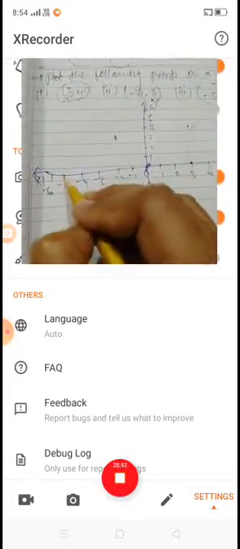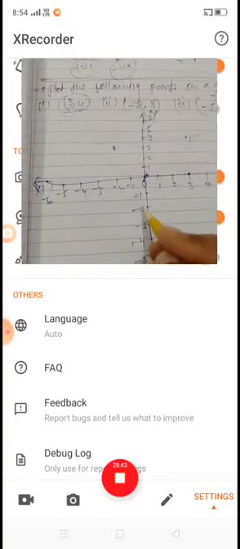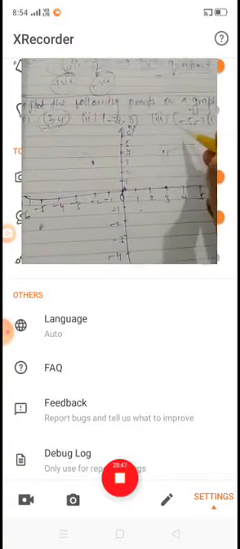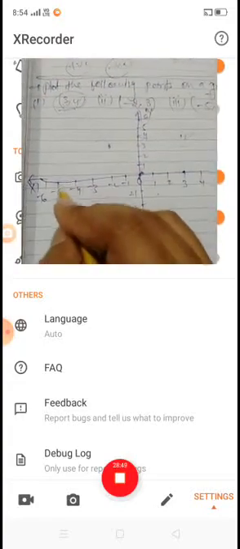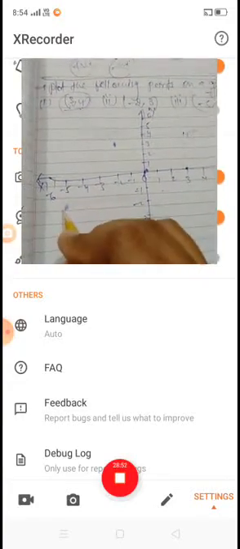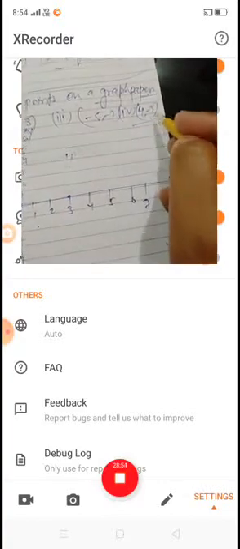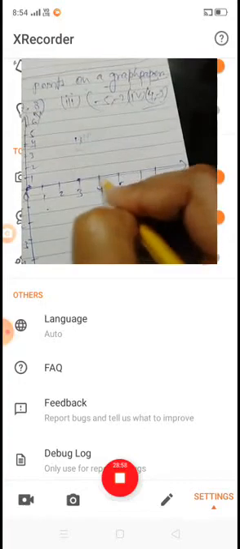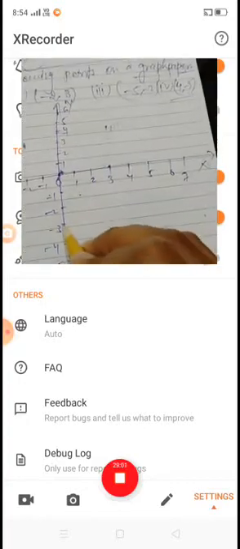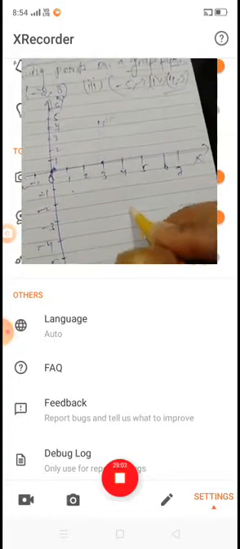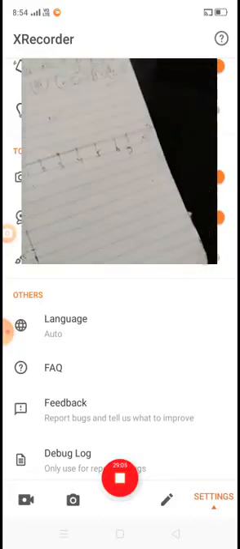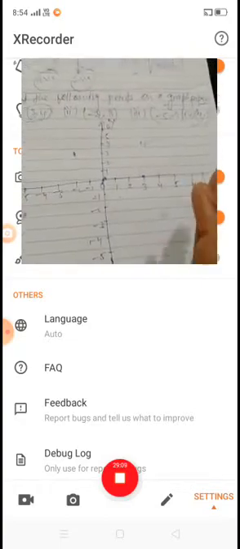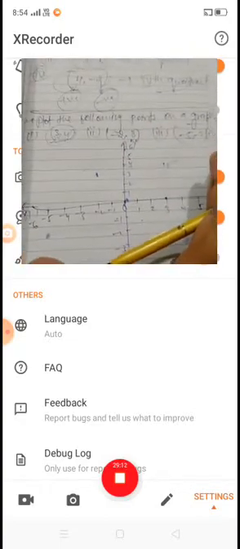X is -5 and ordinate -2, at that point. Here the third point lies in the third quadrant. Okay, and the last one (4, -3): abscissa is positive and ordinate is negative, so the fourth point lies at this point.